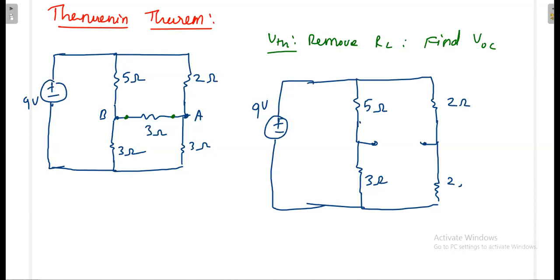This is A, this is B. Once this resistance is not there, you can easily apply the voltage division, because the 9 volt here will appear across here and also here. Similarly, the same 9 volt will appear across here and across here. That element was disturbing us, so we have removed it, because in this procedure we have to remove that resistance.